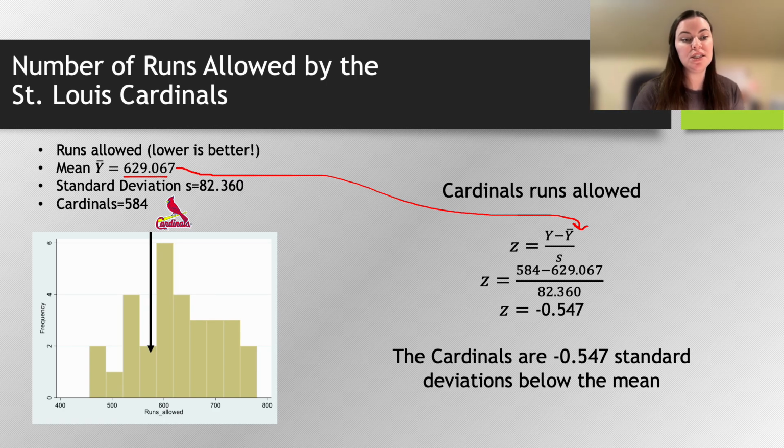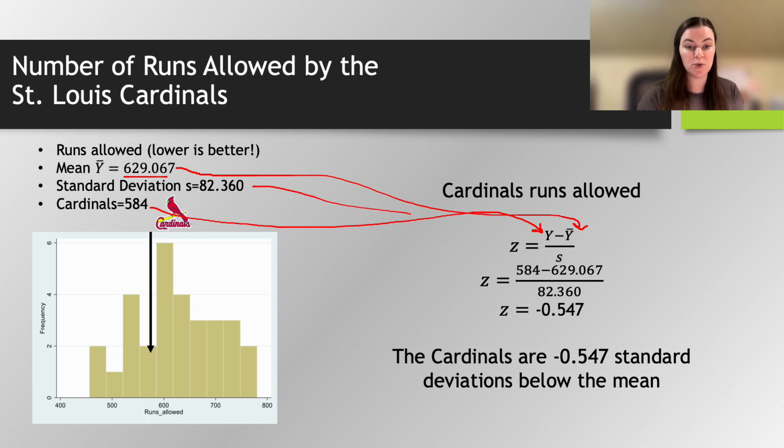In this particular season, the Cardinals gave up 584 runs, so that's where I'm getting my individual observation, because again, we're only concerned with the St. Louis Cardinals in this example. So that's my Y, and I'm dividing that by my standard deviation of 82.360, which is where I get my S value here.